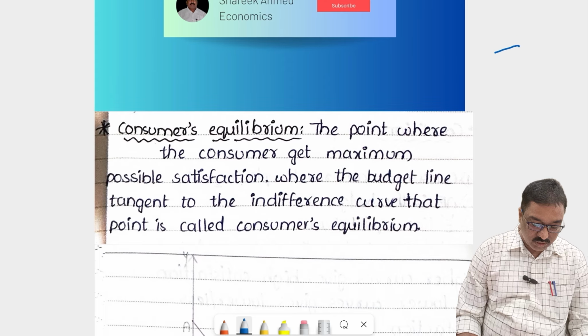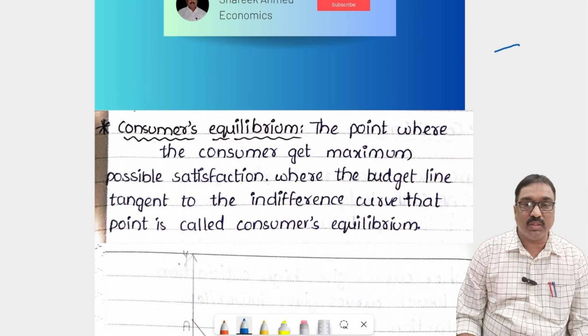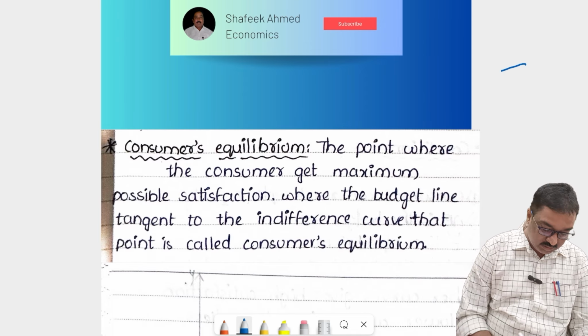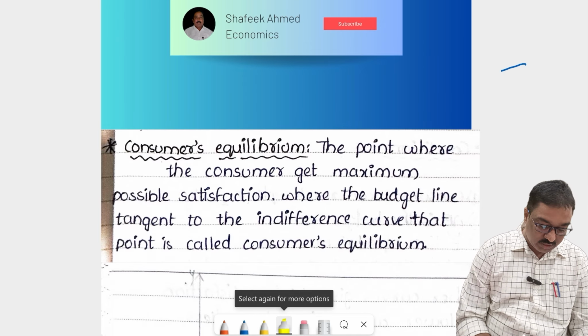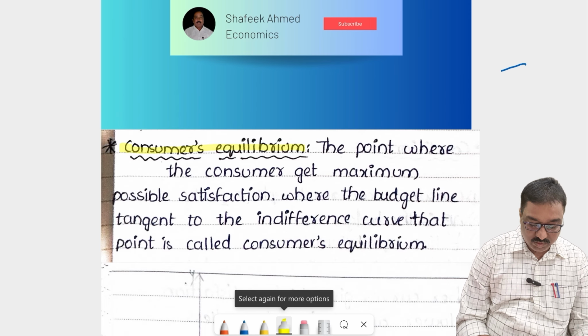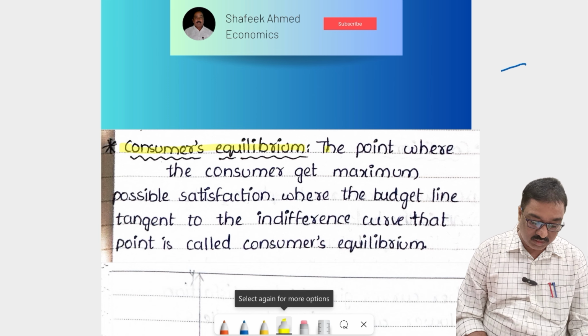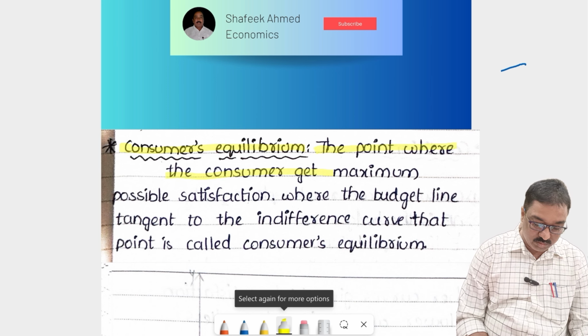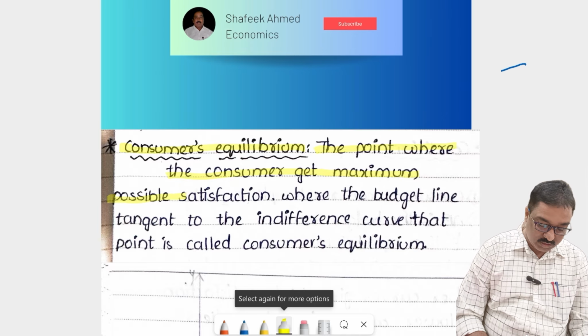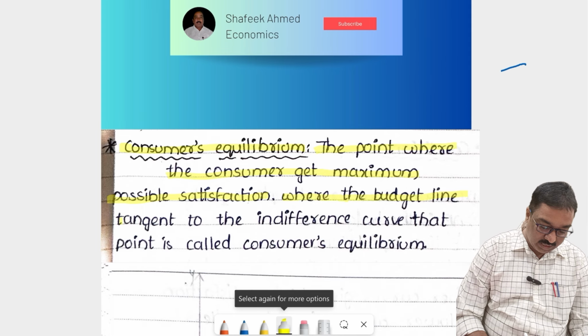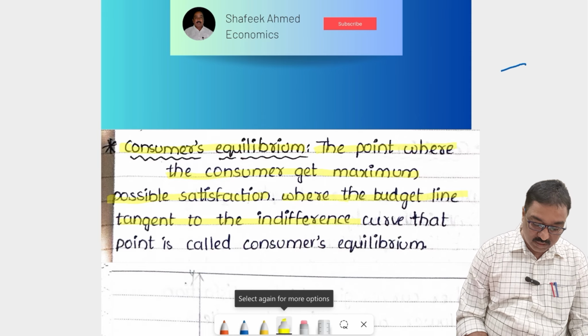How does the consumer reach equilibrium with the help of indifference curves? This is one important topic: consumer's equilibrium. First of all, what is called the consumer's equilibrium? The point where the consumer gets maximum possible satisfaction, where the budget line is tangent to the indifference curve.